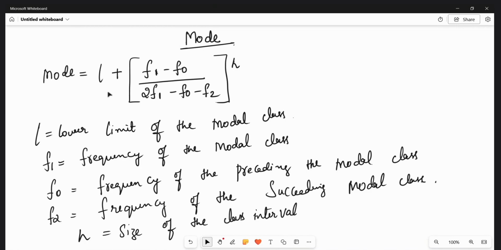H is the size of the class interval, that is upper limit minus lower limit. We can take H as a constant because the class interval size is the same for all.